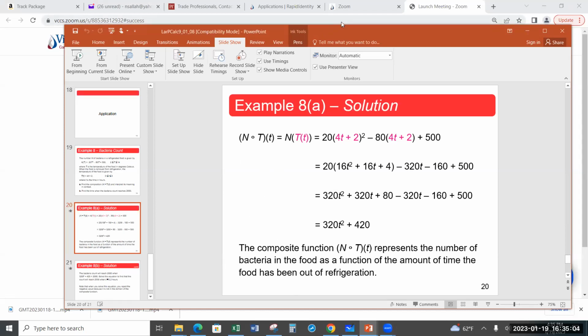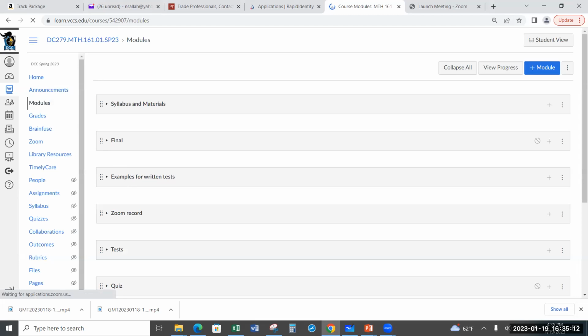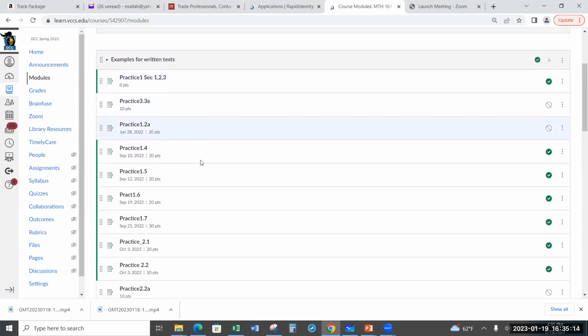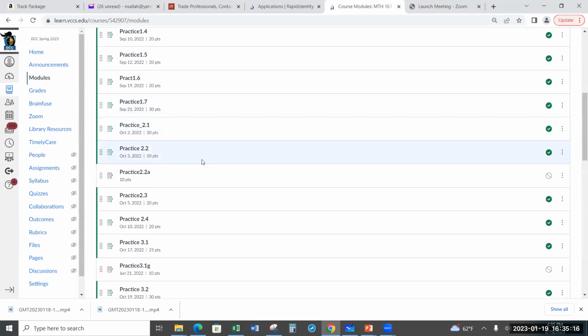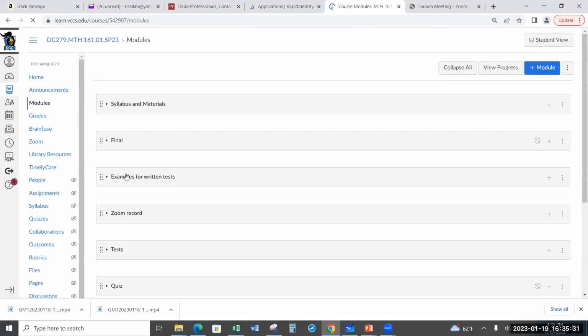Let's see what example we can solve. No, this is for section 9.